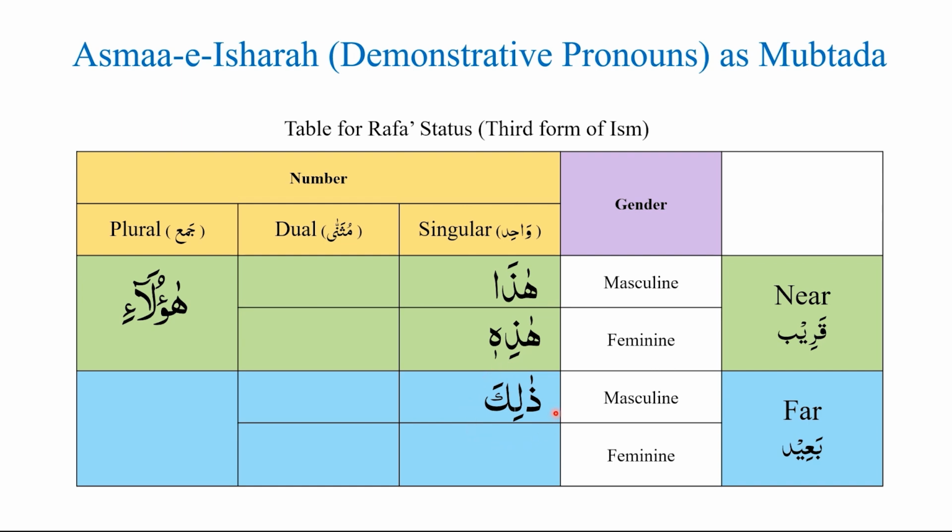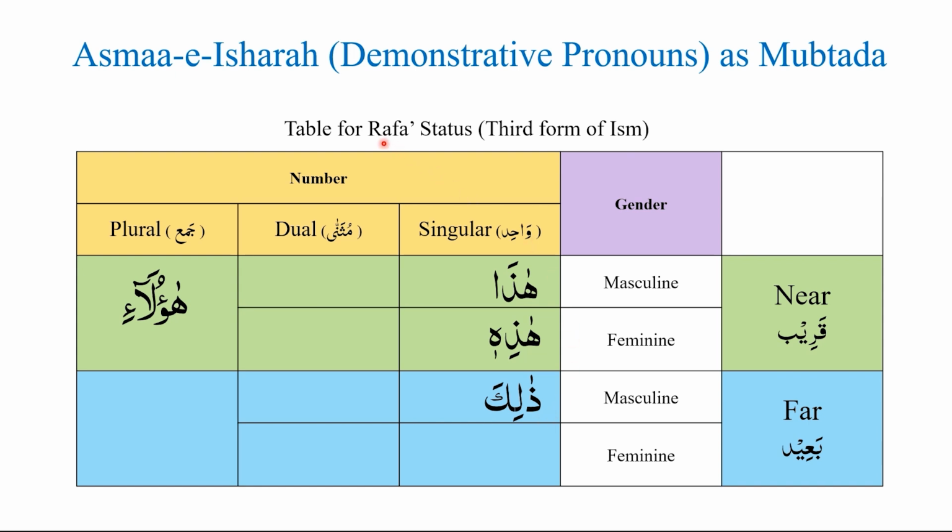Zalika is an ism ishara. Zalika is a demonstrative pronoun. Because zalika is an ism, it will have 4 characteristics of ism. Zalika is definite in capacity because all asma ishara or demonstrative pronouns are definite in capacity.